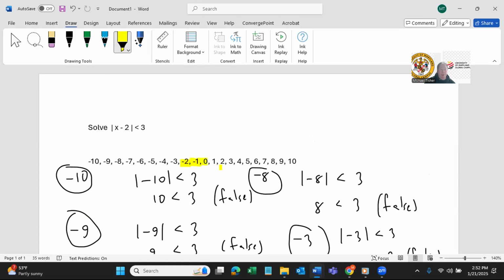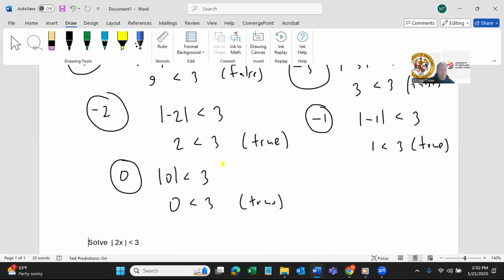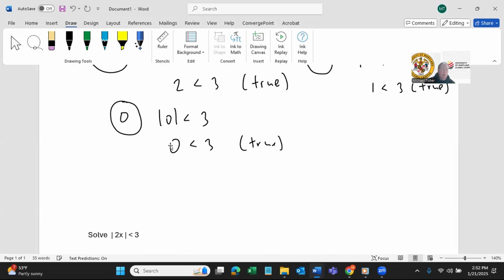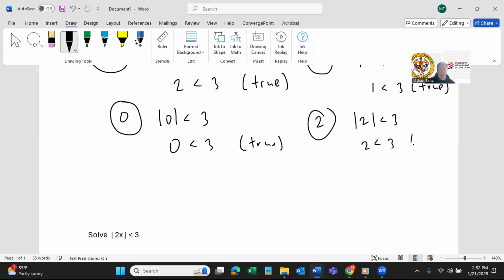All right, well, let's jump to, say, 2. The absolute value of 2, less than 3. The absolute value of 2 is 2, less than 3. That is true. And now let's jump to, say, 3.